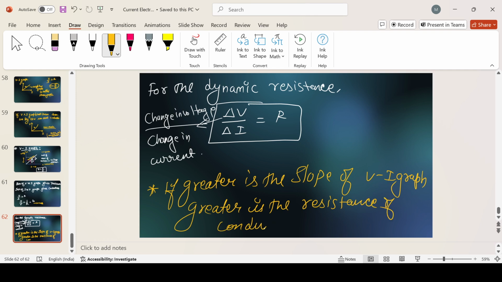See, if I draw two lines like this, one here and another here, this is R1 and this is R2. Which one is greater, R1 or R2?